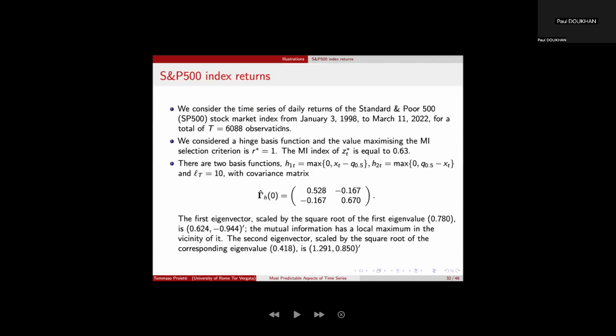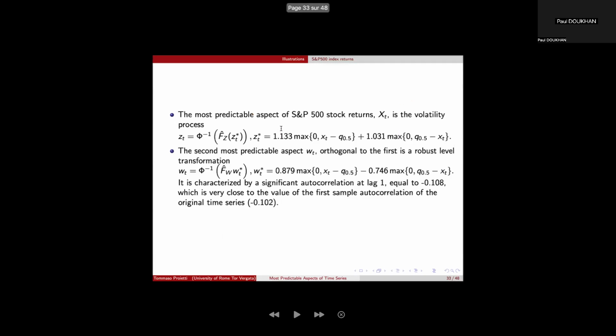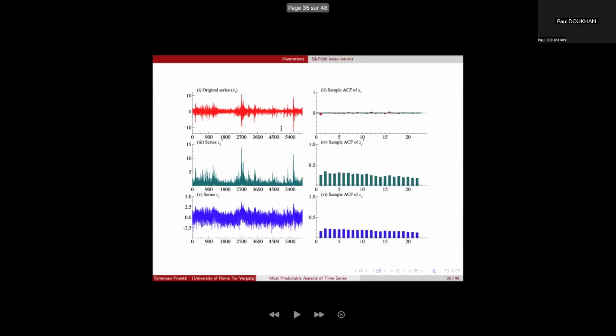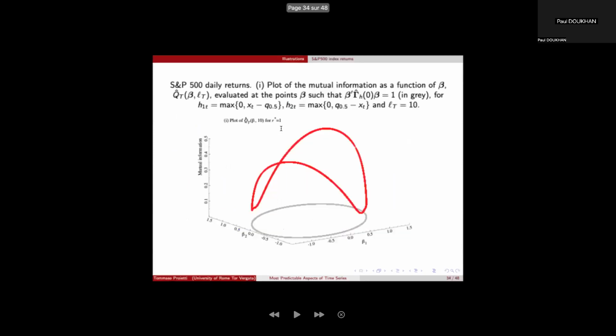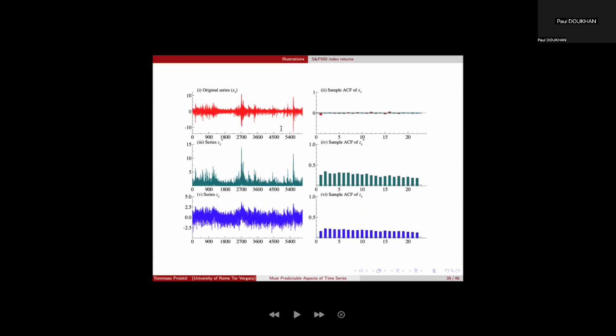So the last example is the S&P 500. This is the time series of daily returns. They are serially almost uncorrelated, although there is something at lag one, a negative autocorrelation at lag one. And again, this is a sort of a test bed, because we also teach the students: look, the series is uncorrelated, but it's not serially independent, because volatility is a big thing here.